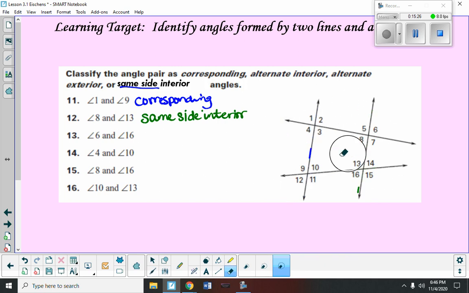All right, let's get rid of that. Next, we have angle 6 and 16. All right, so let's look at the lines. These are on alternate sides. They're not on the interior, which means they're on the exterior, and on alternate sides, so these would be alternate exterior.